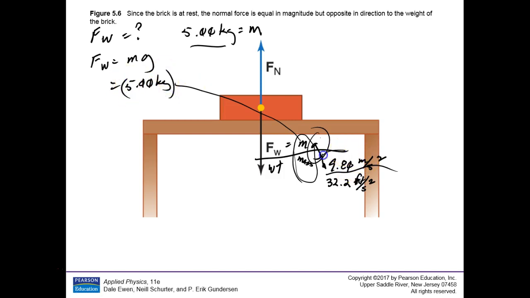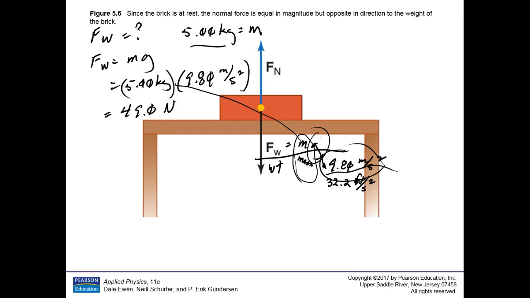And G is, you'll use the metric unit or the SI unit, 9.80 meters per second squared. Now, that's going to be something less than 50. 49 point, second? 49 on the nose, isn't it? Yeah, 49.0.